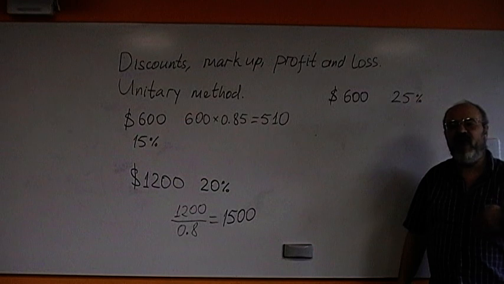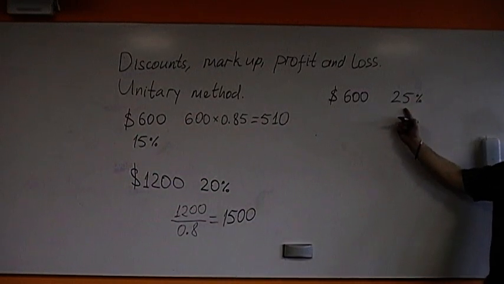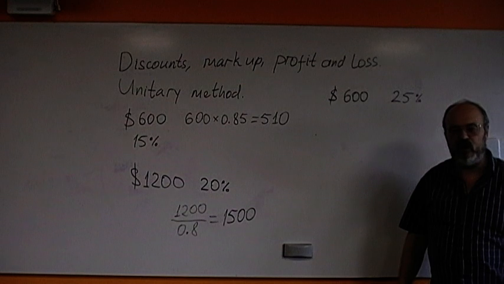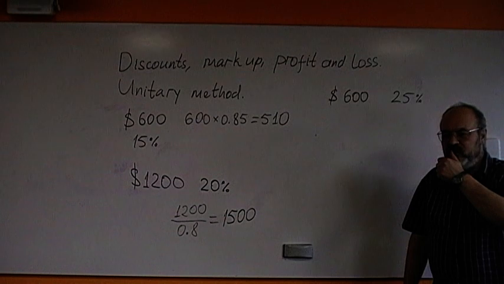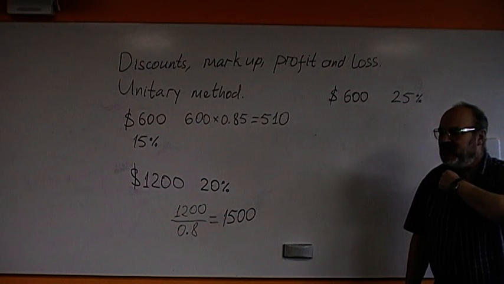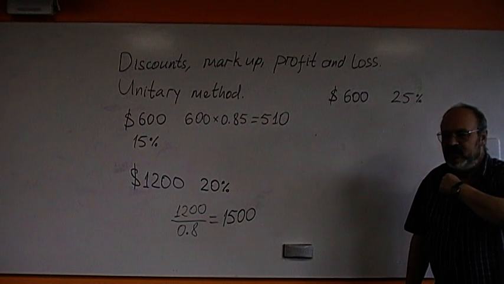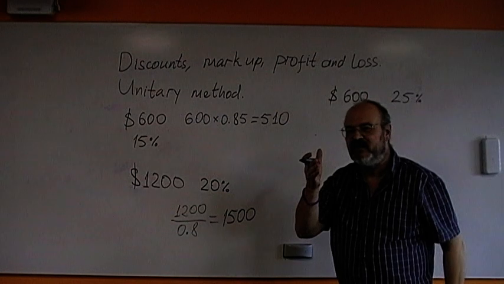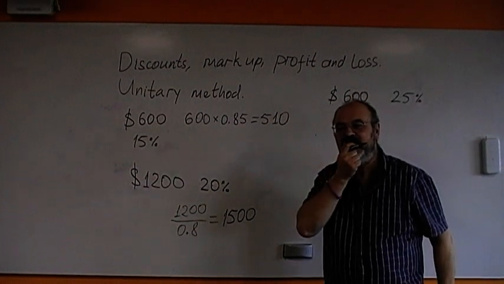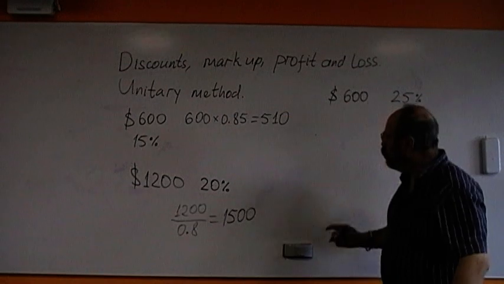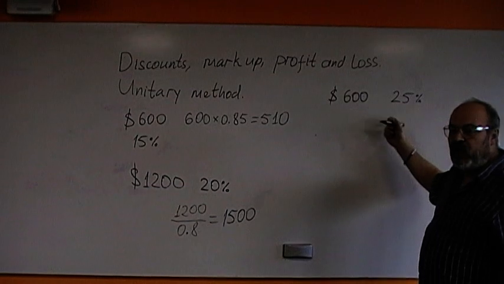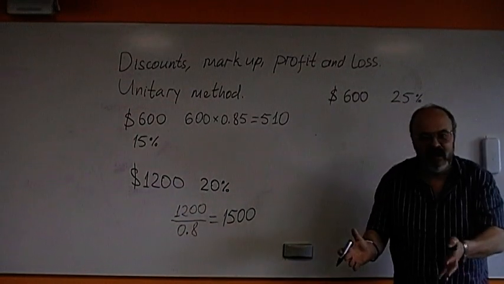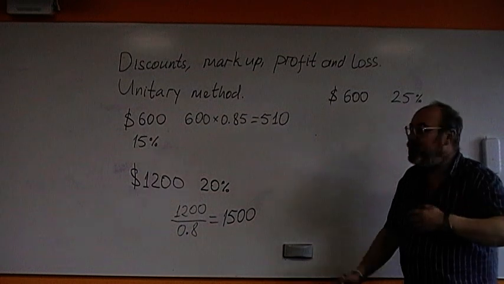If the shop, after marking up the price by 25%, is selling it for $600. The purchase price is 100%, and we added 25%, so it is 125%.